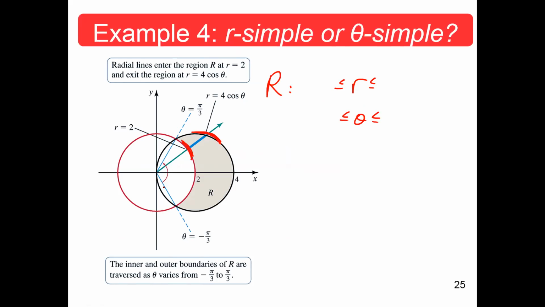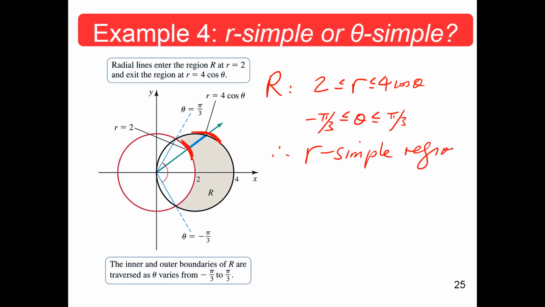Angle theta has to be from negative pi over 3 to positive pi over 3. And the radius would start from r equals 2 and end at 4 cosine theta. Therefore, this is an r simple region, right?